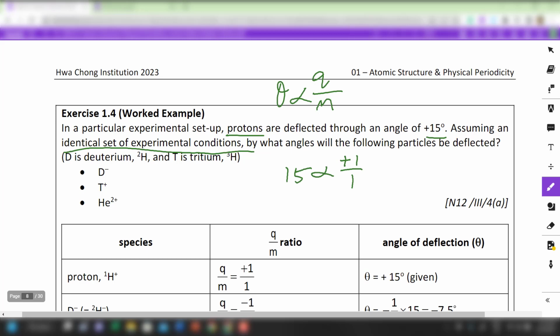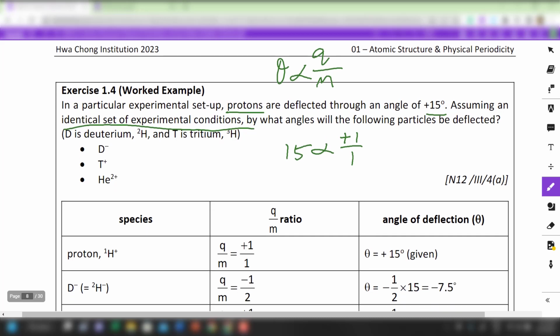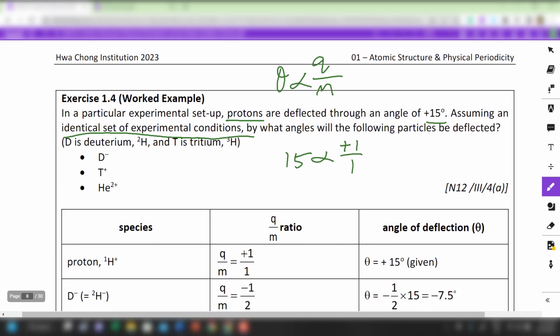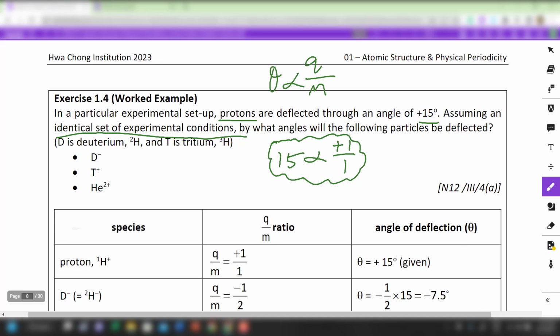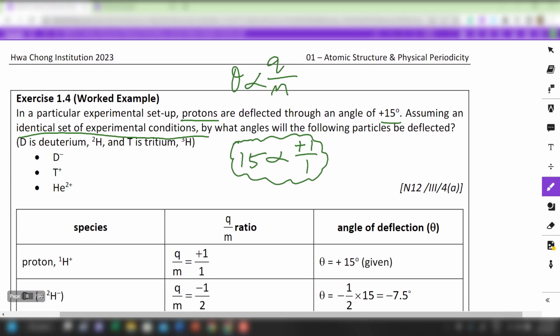Over here we have the species, then D minus, a deuterium D minus. Do take this into consideration. I'm going to draw a border around it, and change to another color ink, orange. Deuterium has double the mass. Let's say we don't know the angle of deflection, we let it be A. So A will be proportional, in this case, to minus 1 over 2.